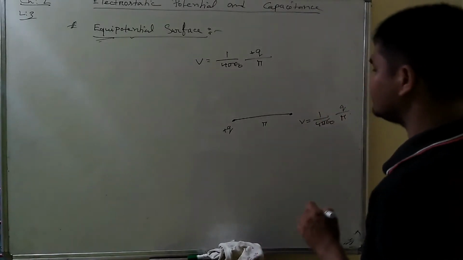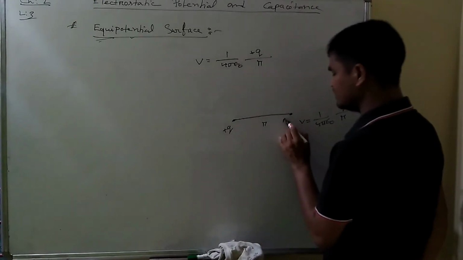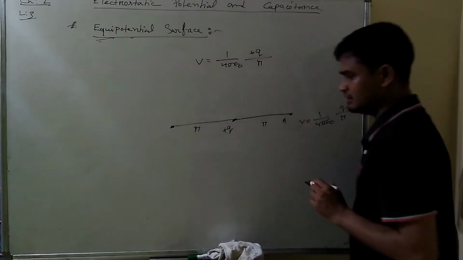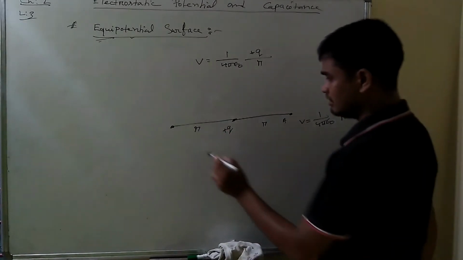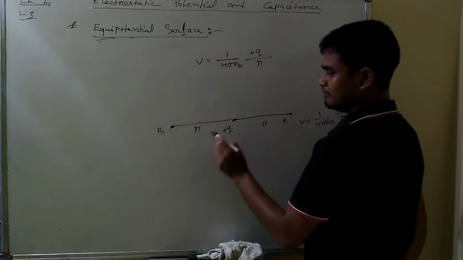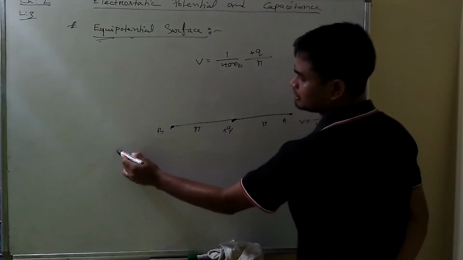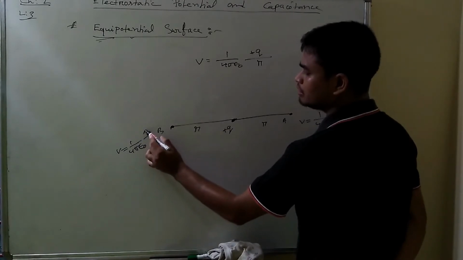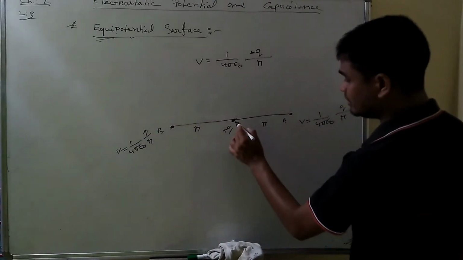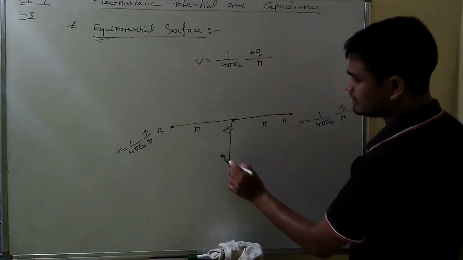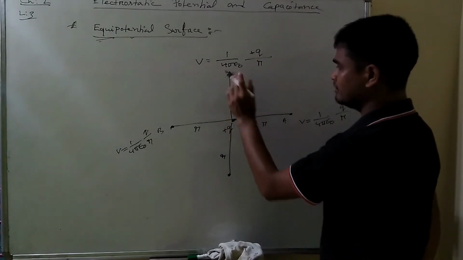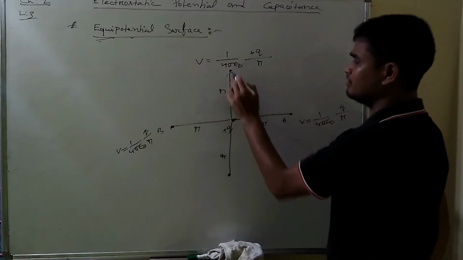At the same distance r, let us consider a point in this direction, point B. From this source, the potential here is also 1 by 4 pi epsilon naught q by r. Similarly, we can find the same potential at a distance r here, and here.